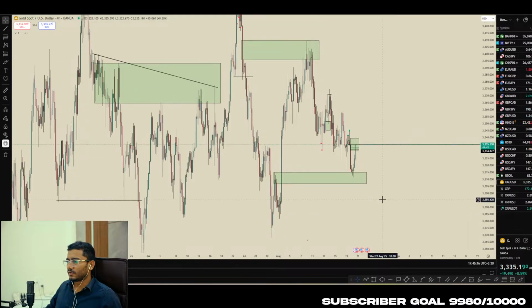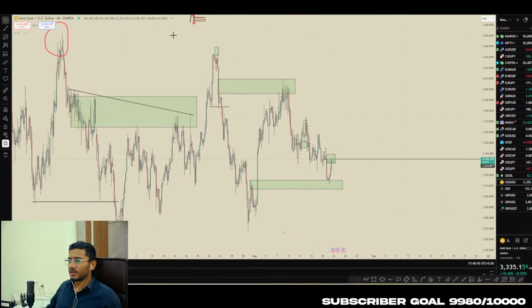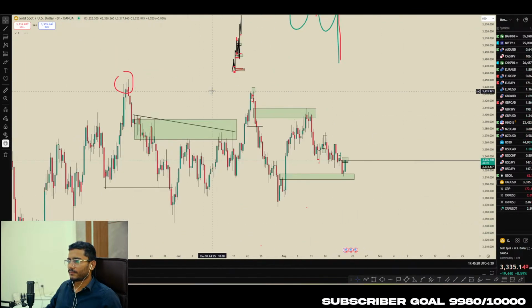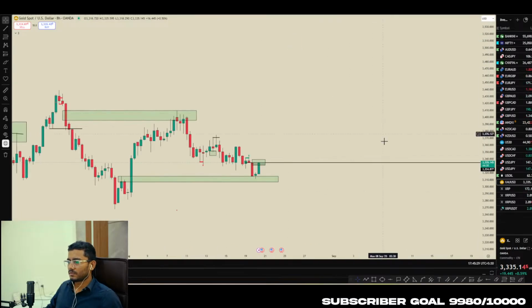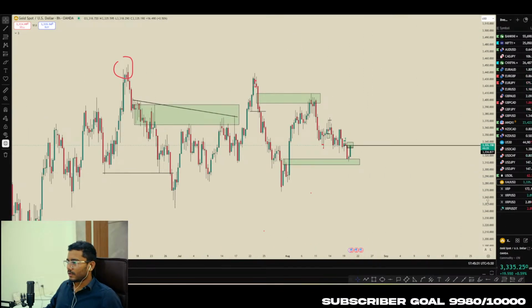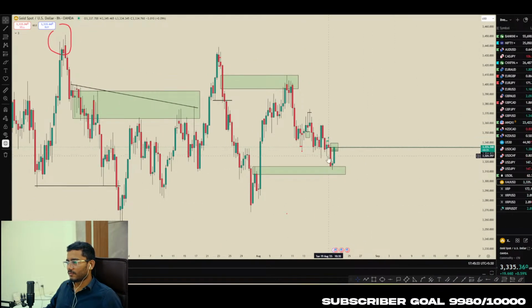If you look at the chart from here, let's look at it like this. We have this breaker block where price has tapped this area and it's continuing to the upside. So first price reacted from this order block, this breaker block. Now we have this breaker block where price is reacting.